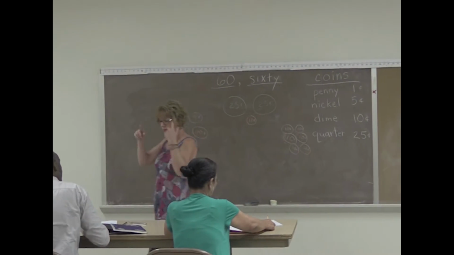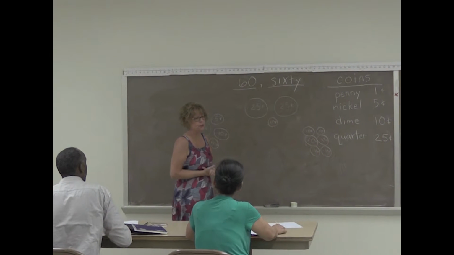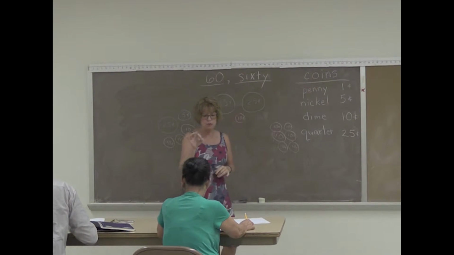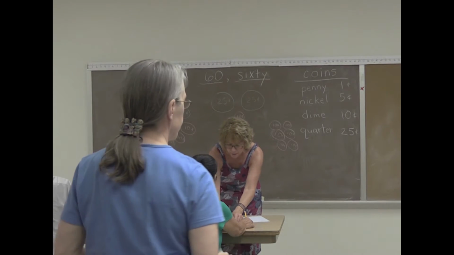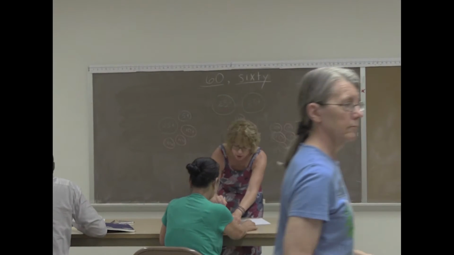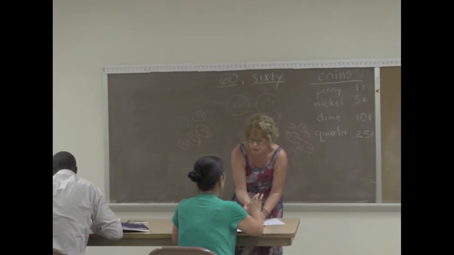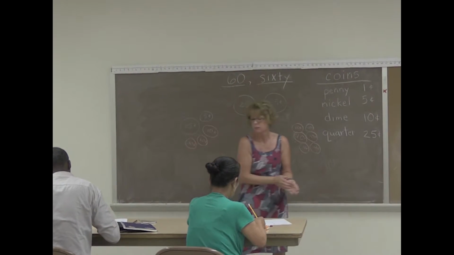And think about what coins do you want to use? And you will put those coins in the money box on your paper and draw a circle around the coin with your pencil.